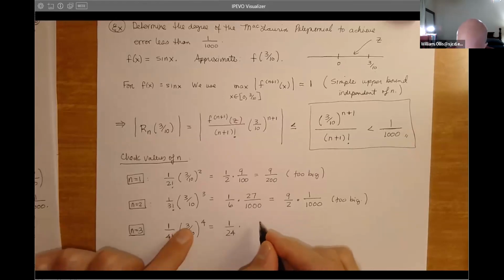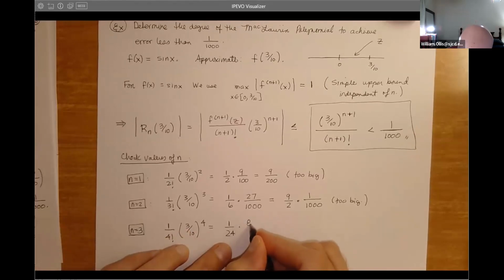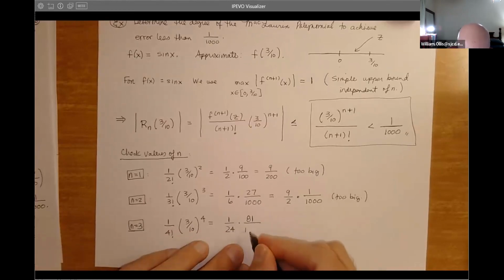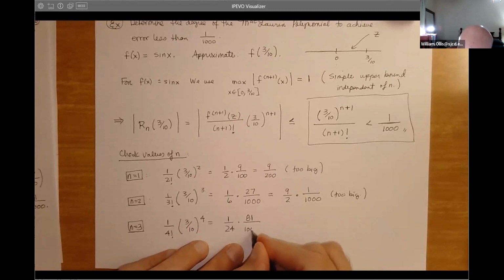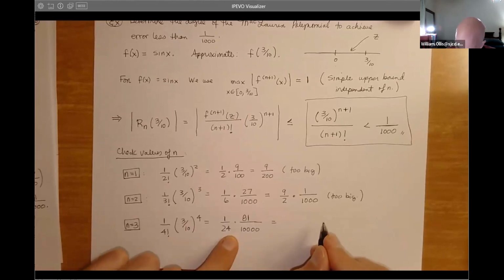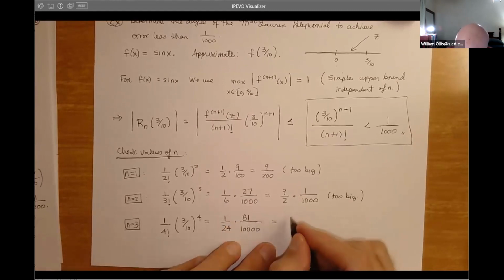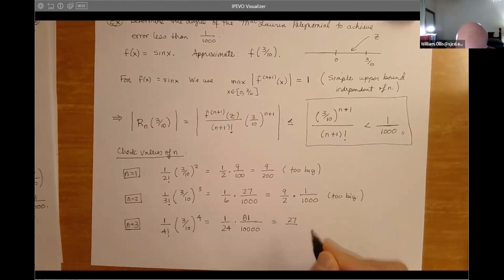And then we have 3 to the 4th, that's 81. And then, of course, 10 to the 4th, that's 10,000. So now let's just go ahead and reduce this and see what we get. We can divide by 3. So that's going to be a 27. And then, of course, here we get an 8.